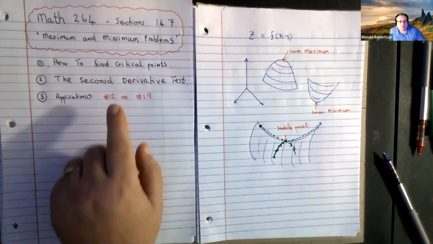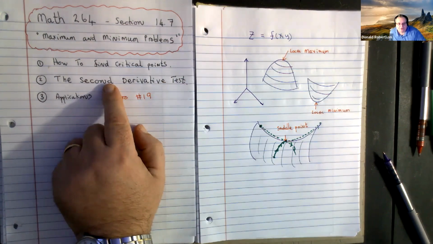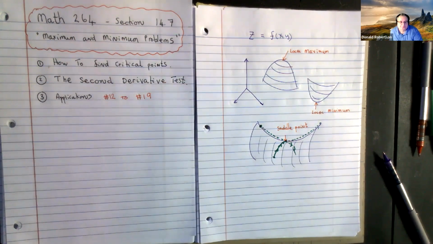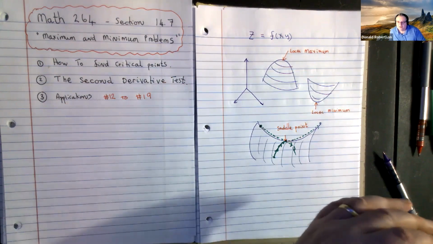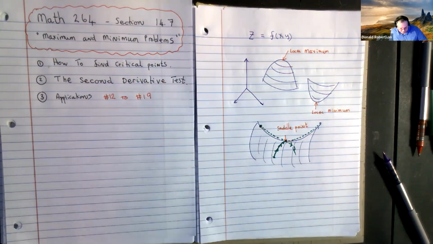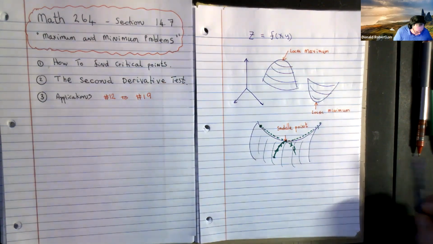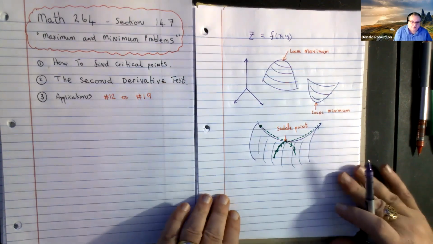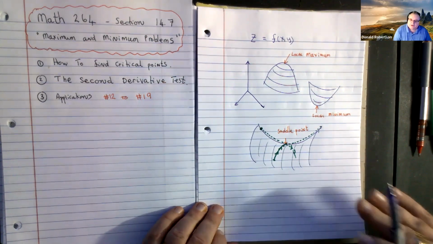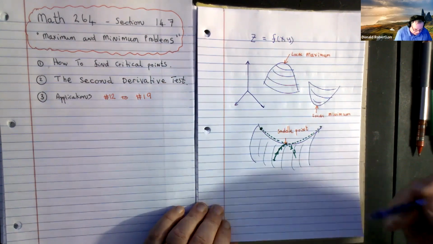And the way we do it is by using this thing called the second derivative test. And that's basically a little bit more than half the questions that we're going to do. And then the second half of 14.7 consists of problems. Applications.